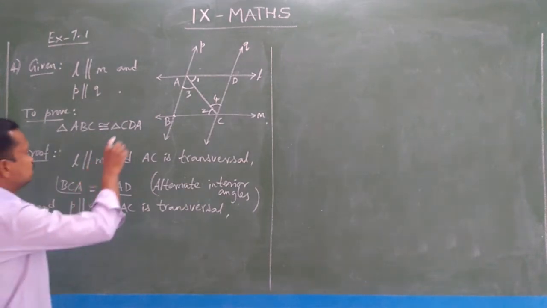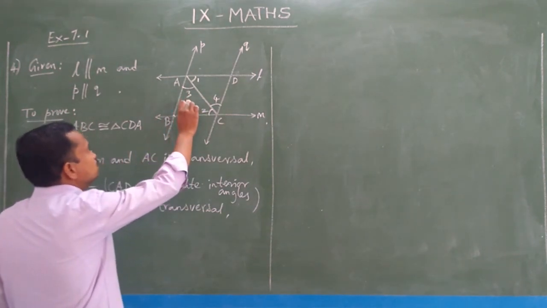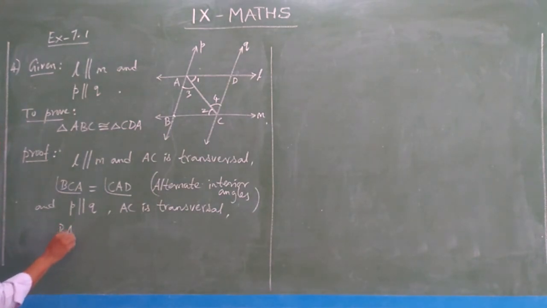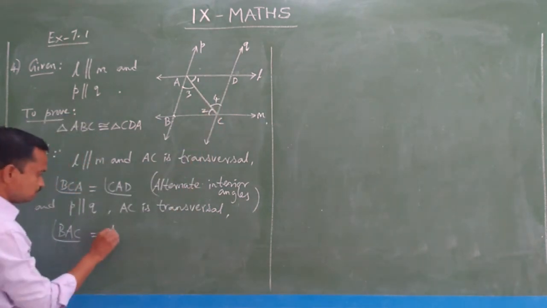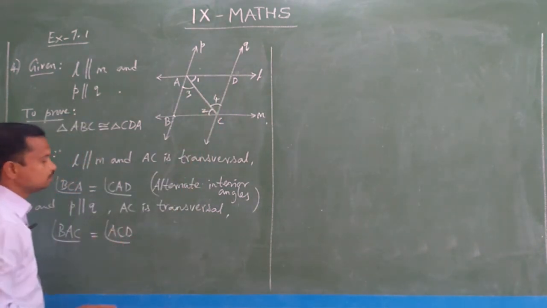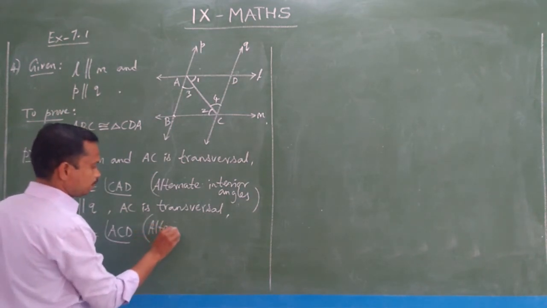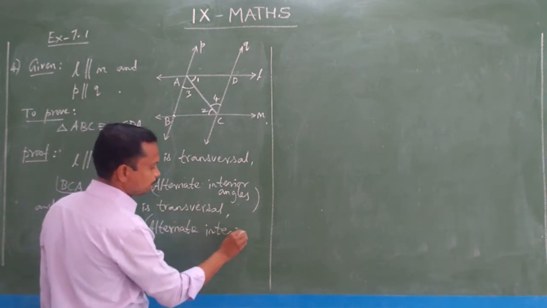So first triangle we have to take ABC. So in ABC means this 3. So BAC is equal to, and this we can have ACD. Then only it is easy to pick. Reason is alternate interior angle.